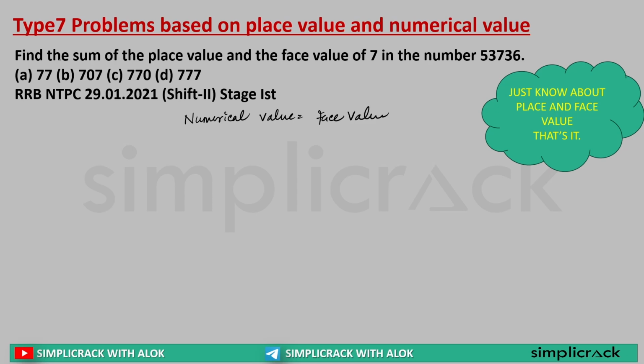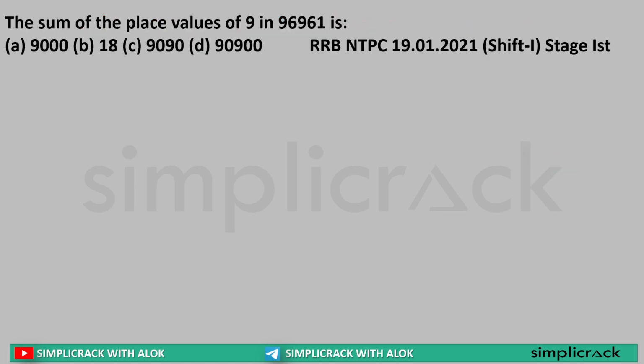Now find the sum of the place value and face value of 7 in the number 53736. See, 7 is at which place? Unit, tens, 100. So 7's place value is 700 and its face value is 7. So what is its addition? 700 plus 7 is equal to 707. Answer option B. Clear? Next.